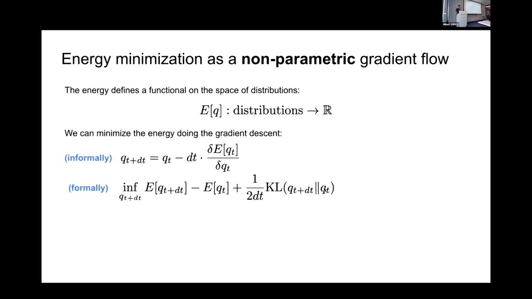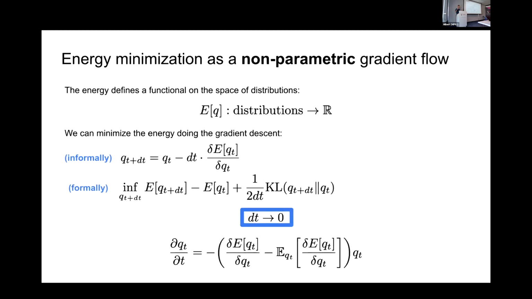So we want to stay close to our previous step. We want to do a local move. That's why we put this term, and we want to minimize the energy. And this thing can define the step of a gradient descent for us on the space of distributions. But we want to take the limit dt to 0, and what we'll see is the following PDE. So this will be our gradient flow. So the density will continuously change according to this PDE, minimizing the energy.